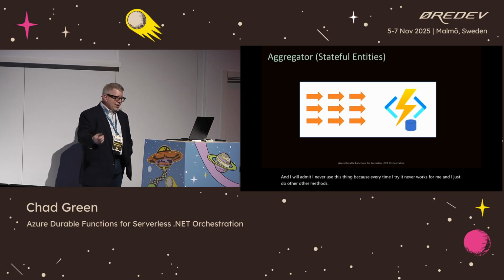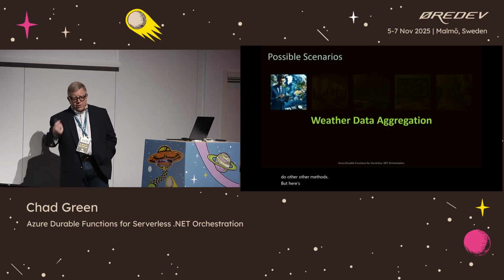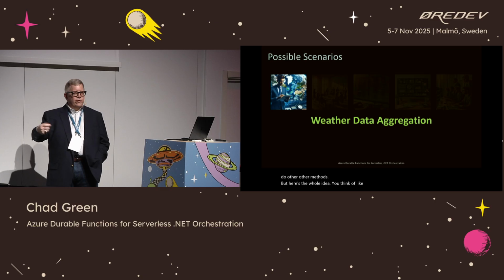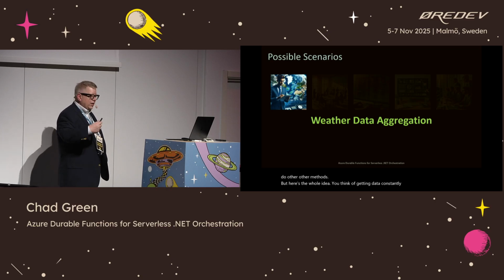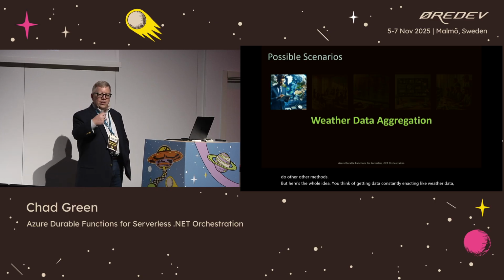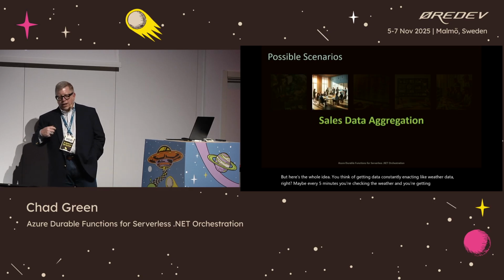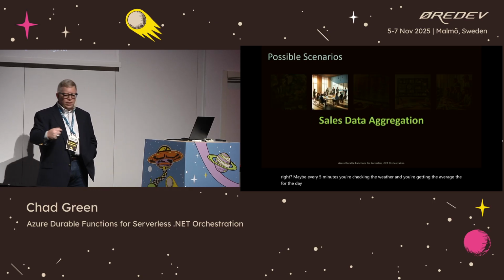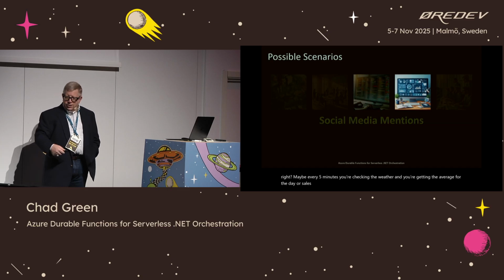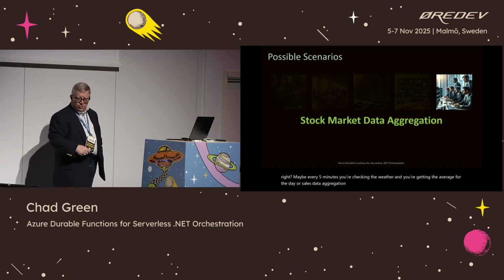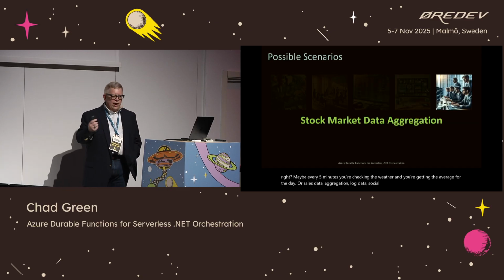But it is the whole idea. Think of getting data constantly and aggregating it, like weather data. Maybe every 5 minutes you're checking the weather and getting the average for the day, or sales data aggregation, log data, social media mentions, or stock market data aggregation.